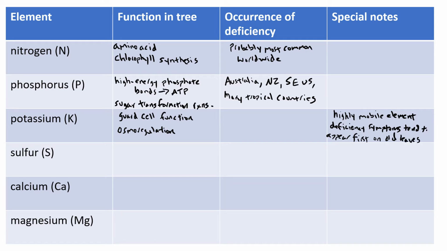Why is that? That's because, and I'll draw a little picture here, if you have a tree here with old leaves on the bottom and newer leaves on the top, most mineral elements are not available in abundance.